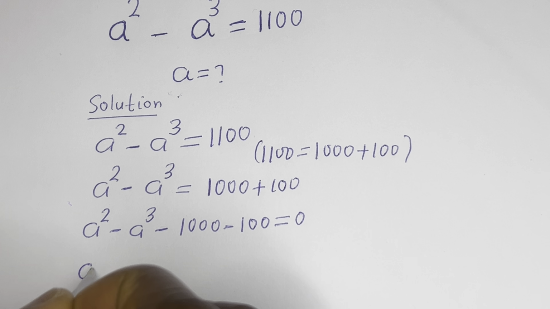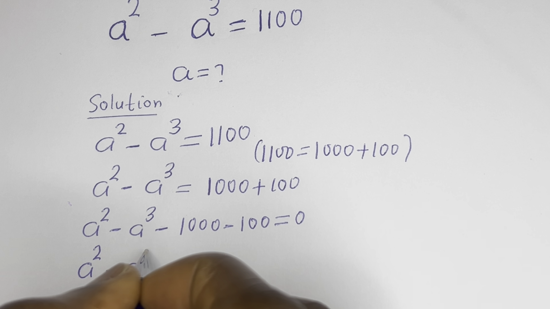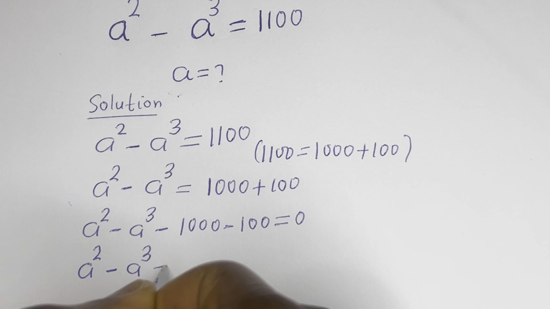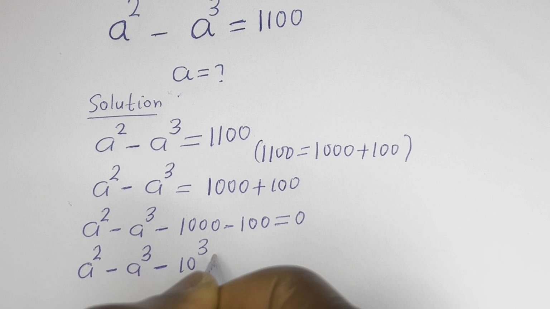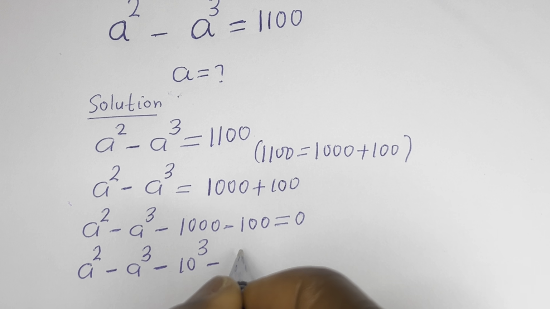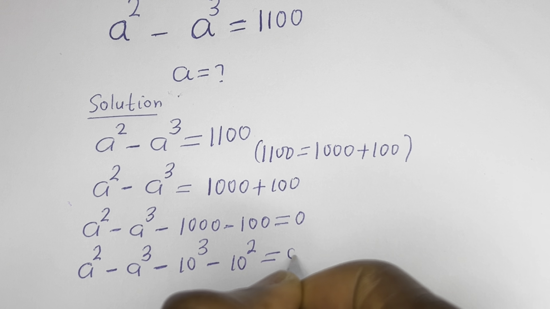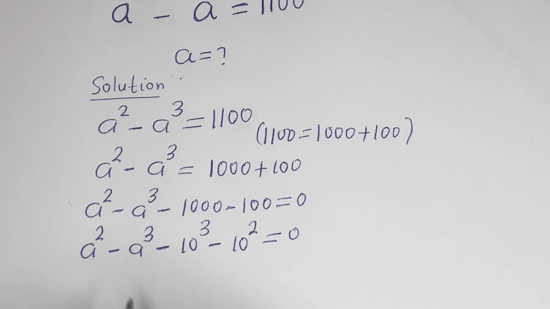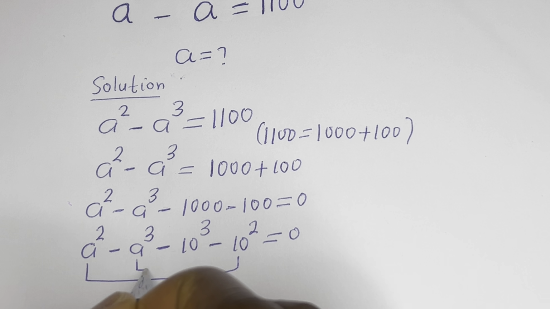Here is a squared minus a to the power of 3 minus 1000, which can be written as 10 to the power of 3, minus 100, which can be written as 10 squared, is equal to 0. Now let's pair this with this and this with this.